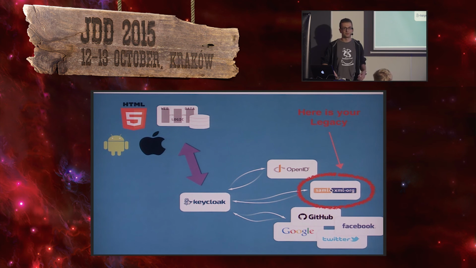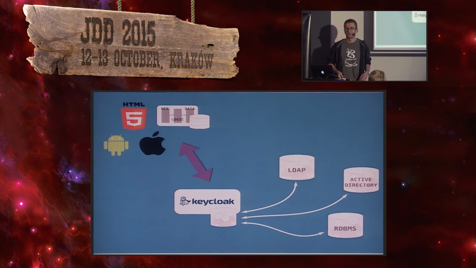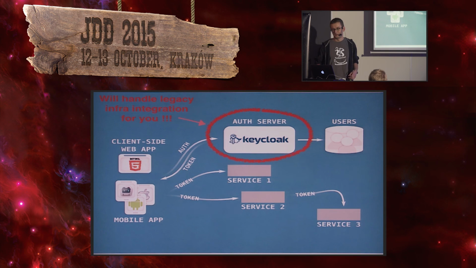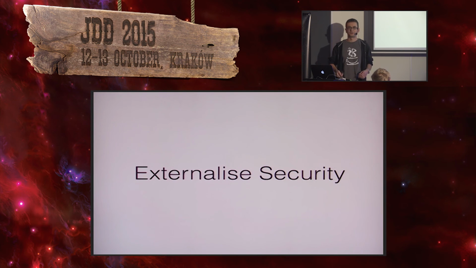So here goes your legacy infrastructure integration, and here goes your modern stuff. It's the same if you already have LDAP or an Active Directory Windows domain in place, and there is an SPI to plug in servers like this. So Keycloak can handle all the legacy integration for you. Another thing you could consider is to try to externalize most of the security outside of your application.